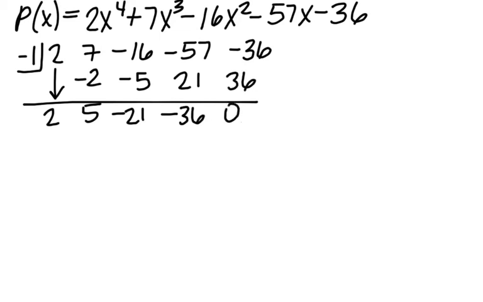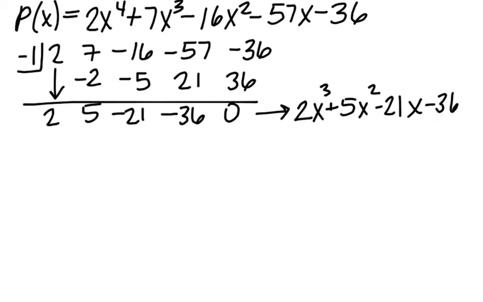And it looks like -1 does work. So now we look at this row of values. The original function was raised to the 4th power, so these are going to be my coefficients of a polynomial raised to the 3rd power, 2x cubed plus 5x squared minus 21x minus 36. Now we set this equal to 0 and solve in hopes of getting our 3 remaining zeros.